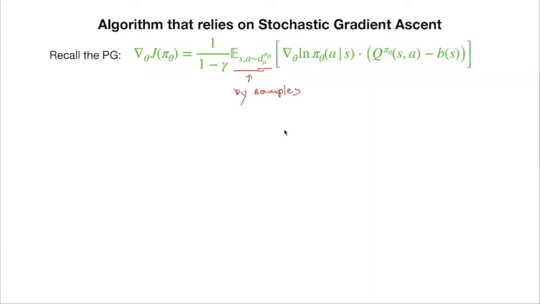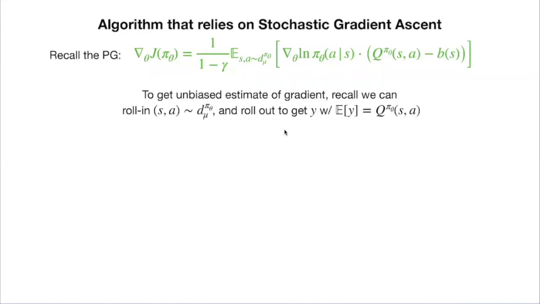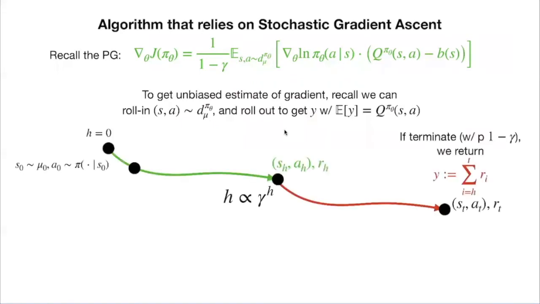And we talked about how we draw S, A from a state action distribution. We can use the rolling in and roll out process again here. Let's draw an S, A pair from this distribution, and do a roll out to get a scalar y such that this is an unbiased estimate of my Q pi S, A. If you recall this picture, this is exactly the rolling in and roll out process to get this S, A, y triple.